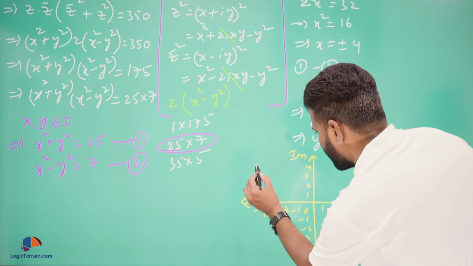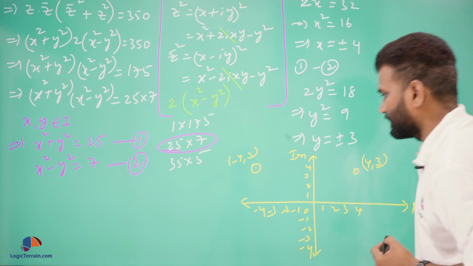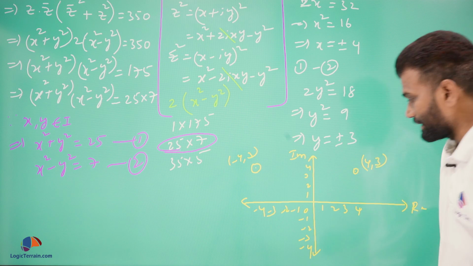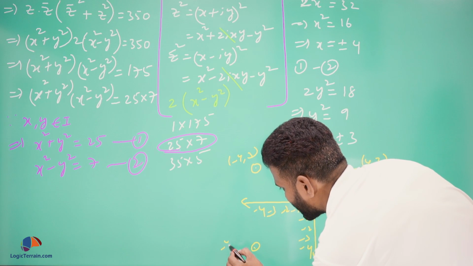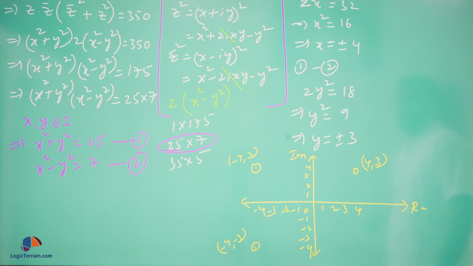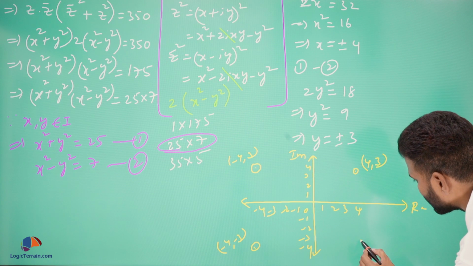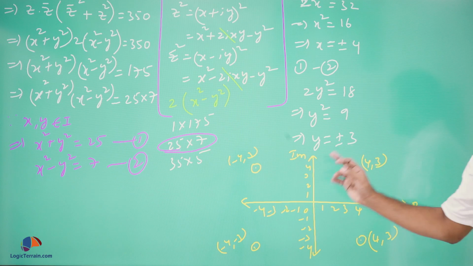It comes here. The third point is minus 4, minus 3, somewhere here. And the fourth point is plus 4, minus 3. So these are our required points.